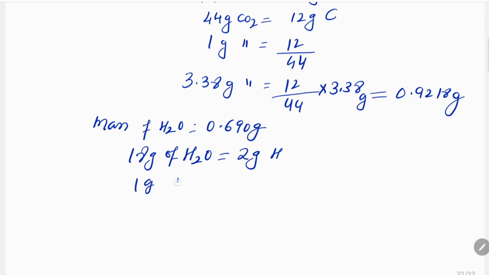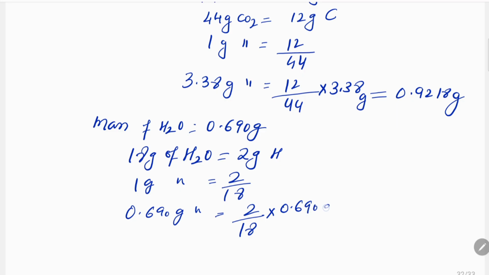So 1 gram of water will have 2 divided by 18 gram of hydrogen, and 0.690 gram of water will have 2 divided by 18 multiplied by 0.690 gram of hydrogen, which is 0.0767 gram.